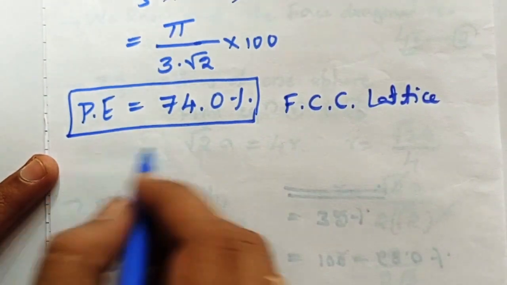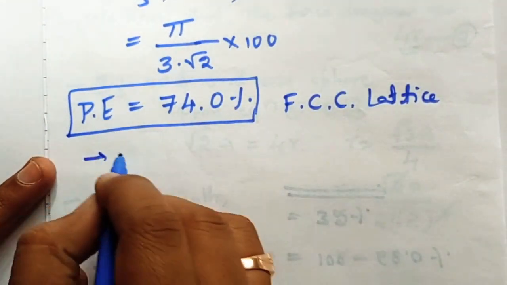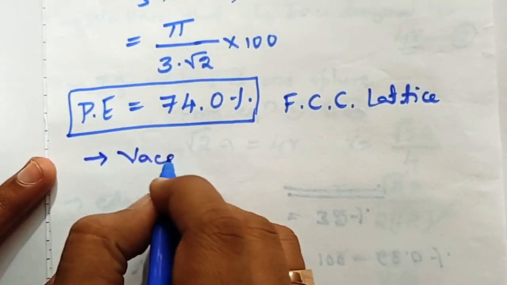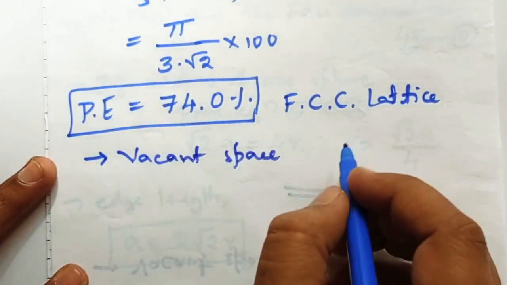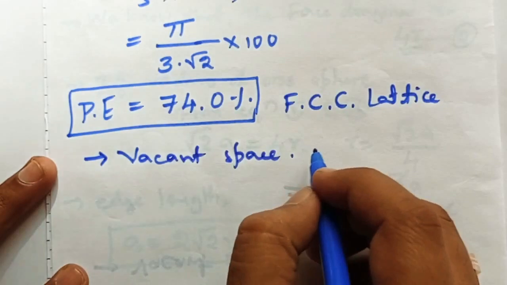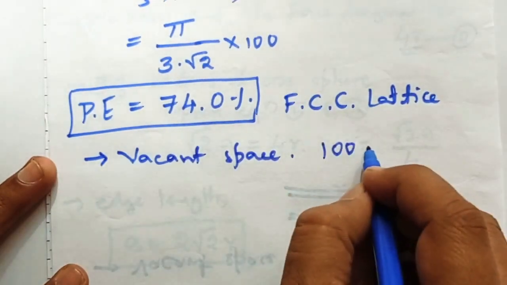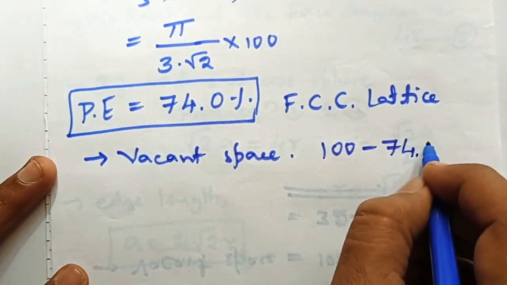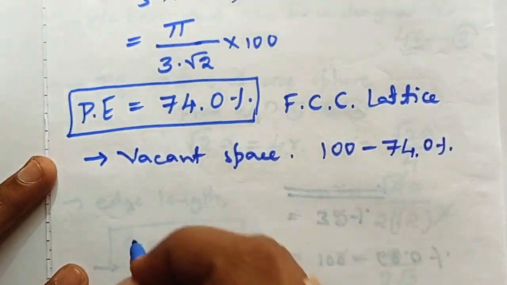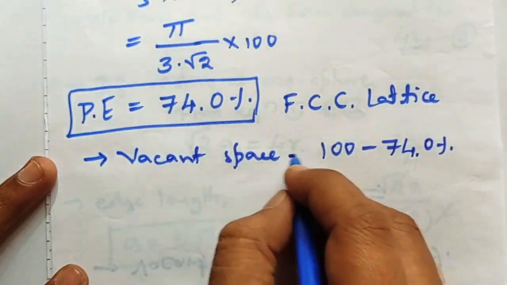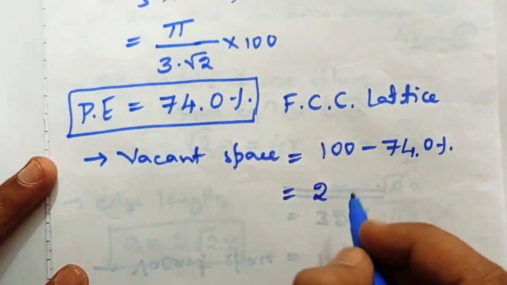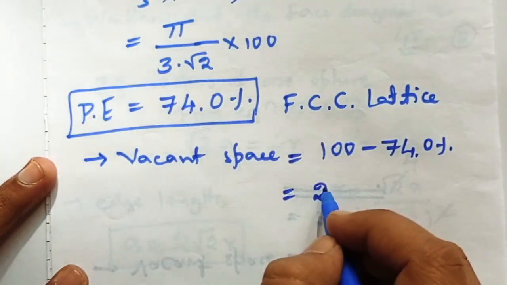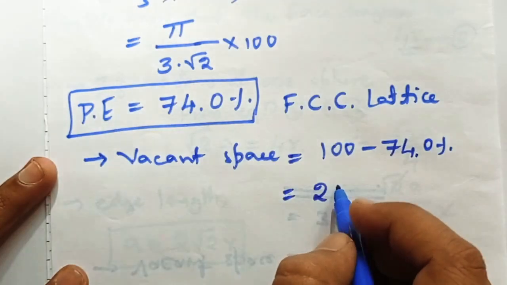And what is the vacant space present in the face-centered cubic lattice? That is 100 minus 74.0 percent, which is equal to 26.